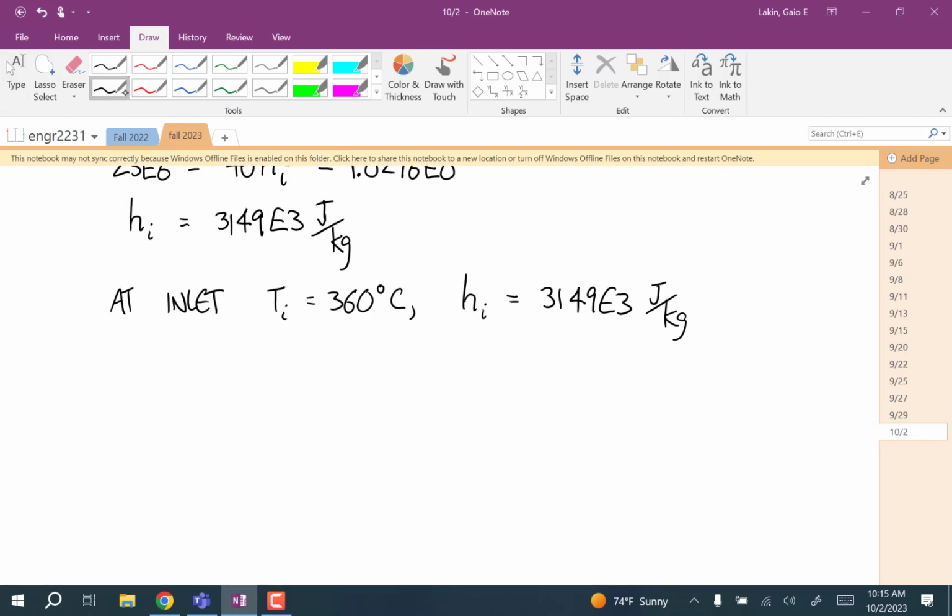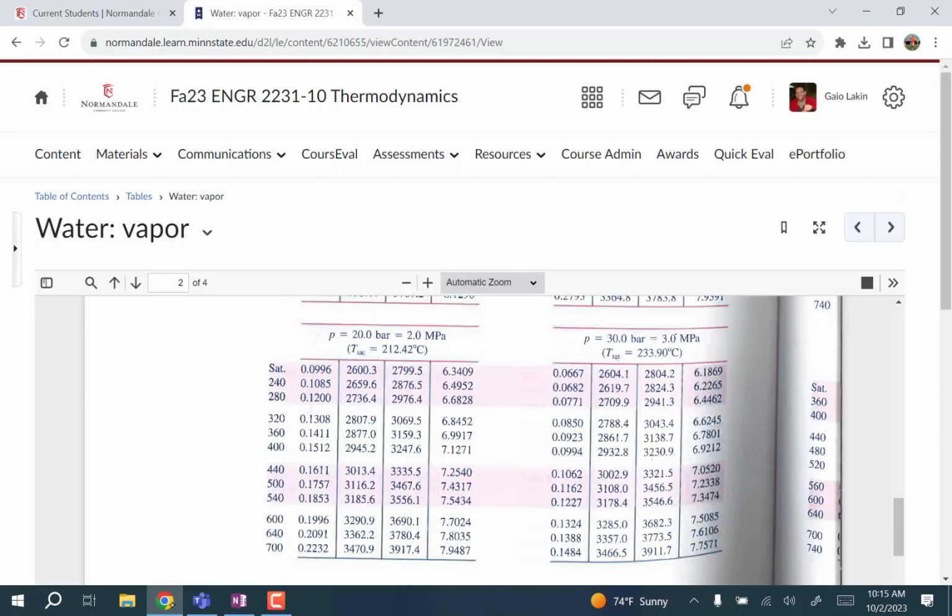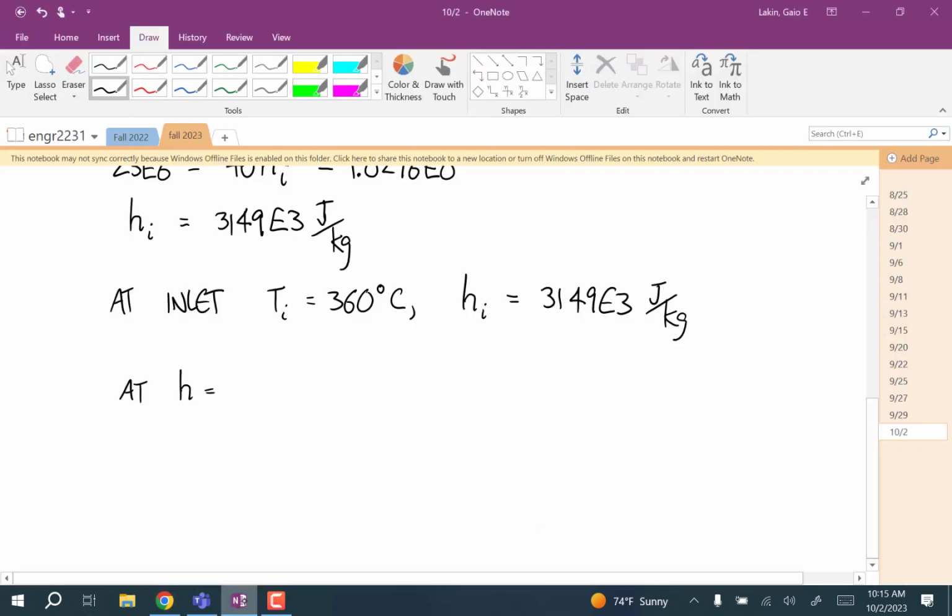Okay, so at an enthalpy of 3138.7, I'll call that enthalpy 1.